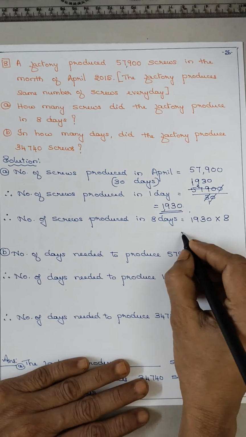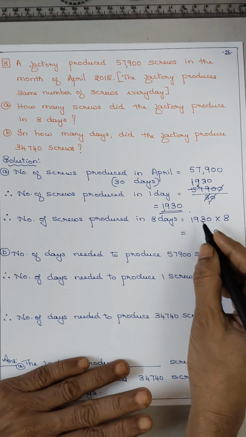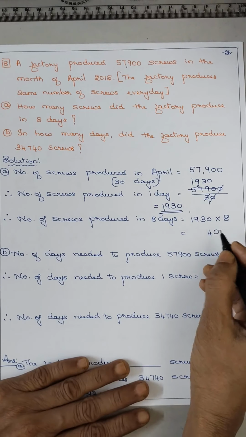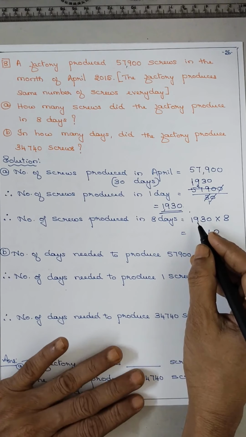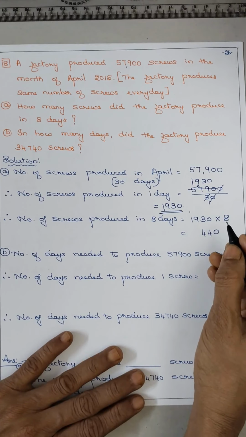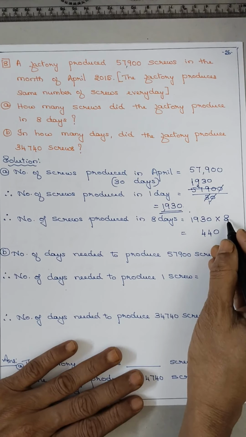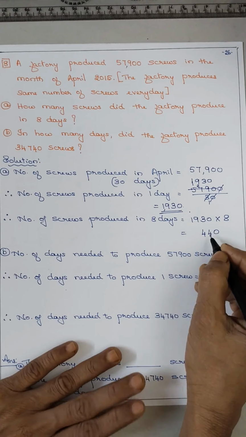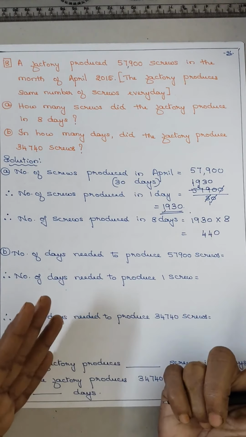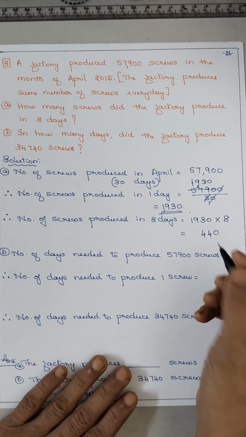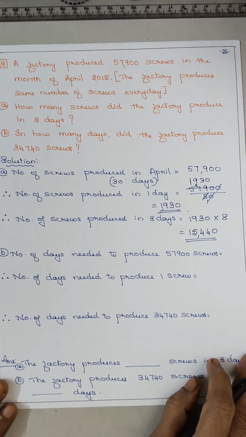Multiply by 8. 8 zeros are 0, 8 threes are 24, 8 nines are 72, 74, 7 in hand, 8 ones are 8, 9, 10 and 5, so 15. So 15,440.